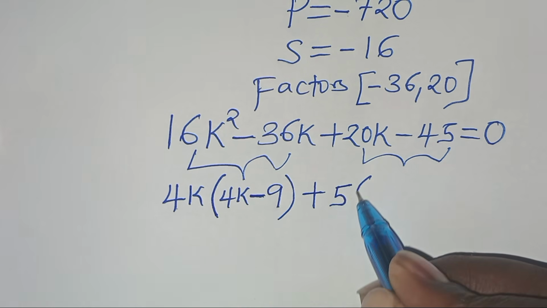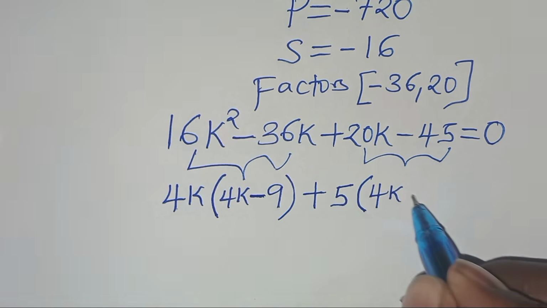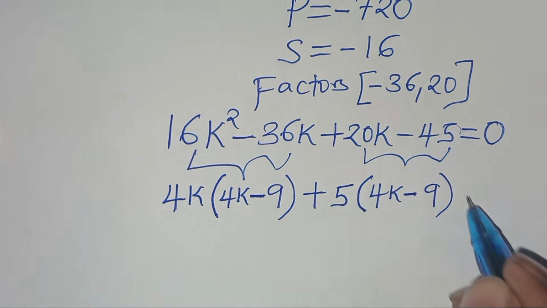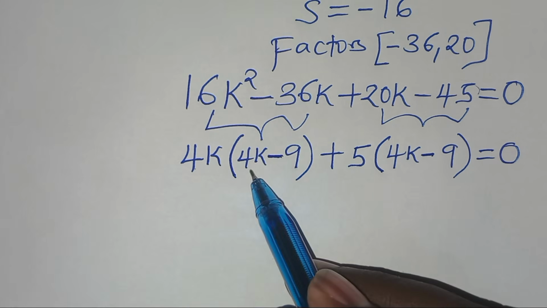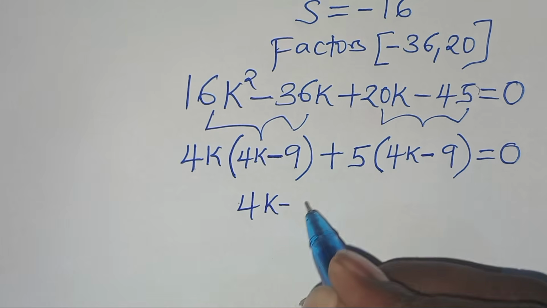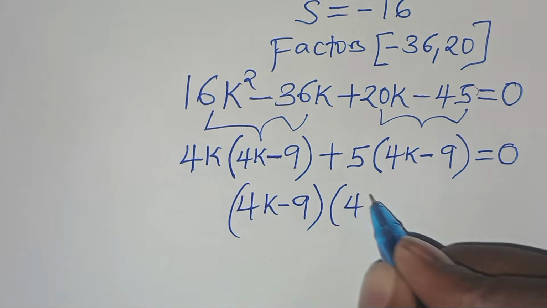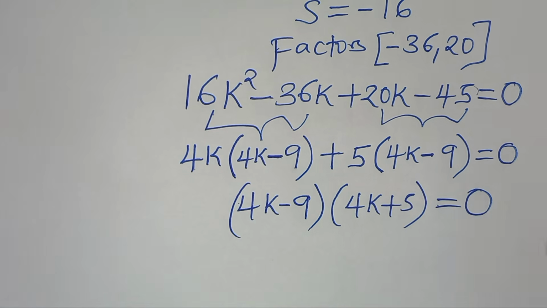Let's factor out 5. So 20k divided by 5 is 4k, subtract 45 divided by 5, which is 9, and this is equal to 0. So we have got (4k minus 9) common. So we have (4k subtract 9) multiplied by (4k plus 5), equal to 0.